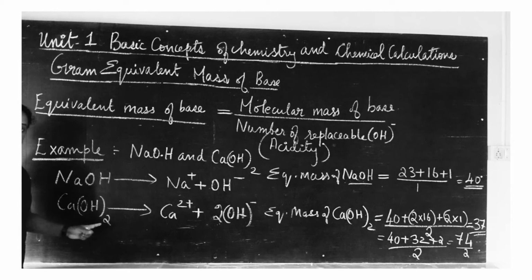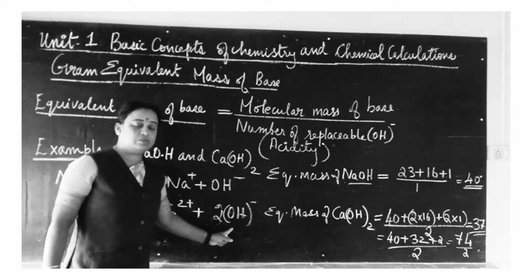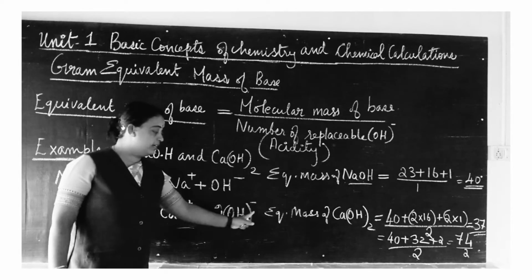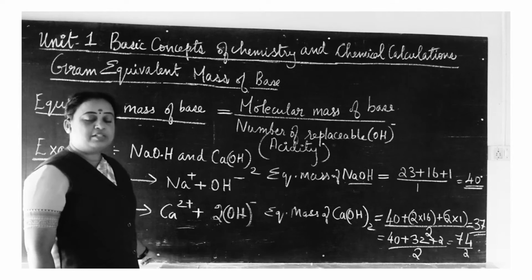On dissociation, it gives rise to 2 OH minus ions. Now let us calculate the equivalent mass of calcium hydroxide.